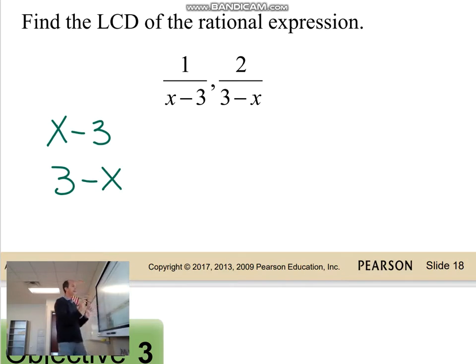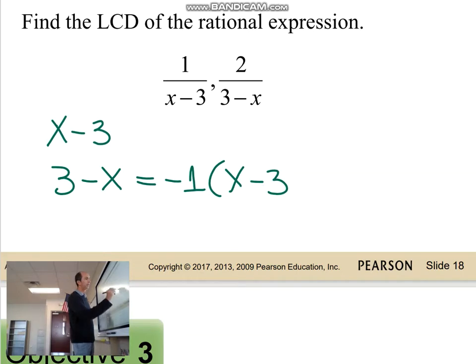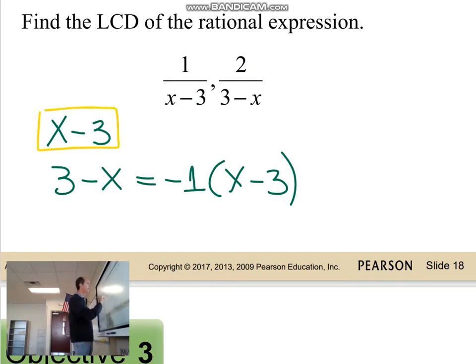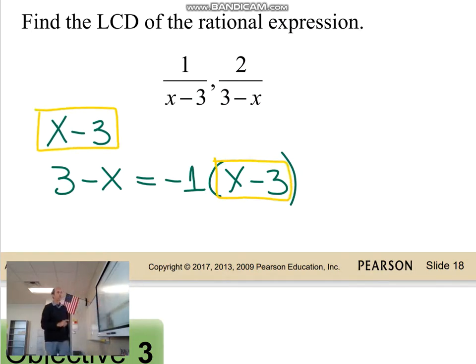Well, you can factor out -1 from one of them. Let's say we factor out -1 from the second one. -1 times x minus 3, right? That means they are actually the same denominator. The same denominator, see? X minus 3, but they are opposites.